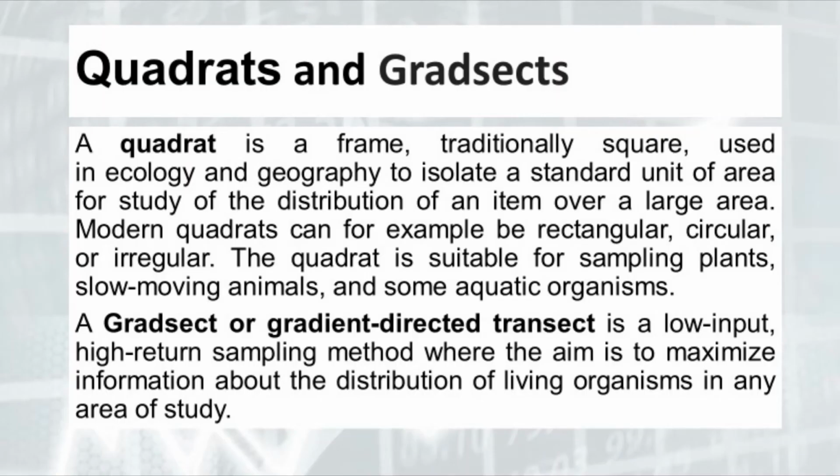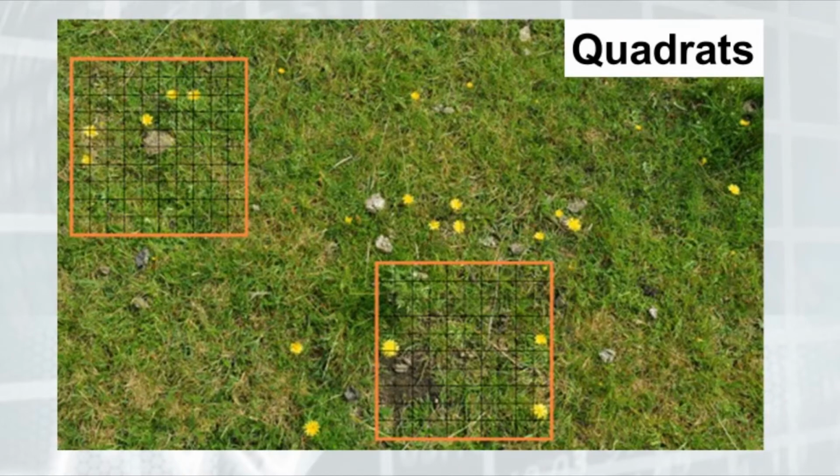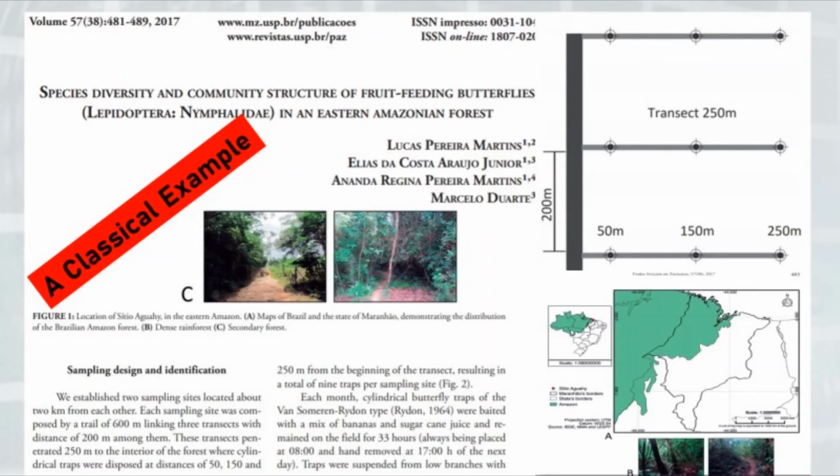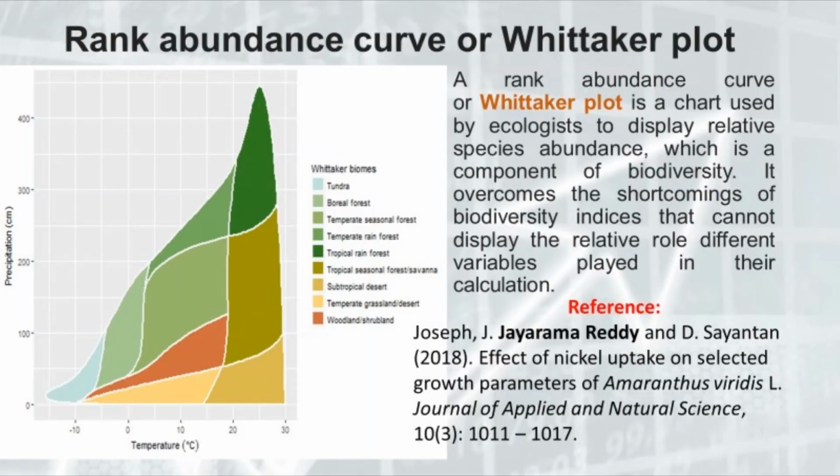Generally, quadrats and grid sets are used for sampling in ecological studies. Whenever we do sampling in ecological studies, rank abundance curve or Whittaker plot is used.